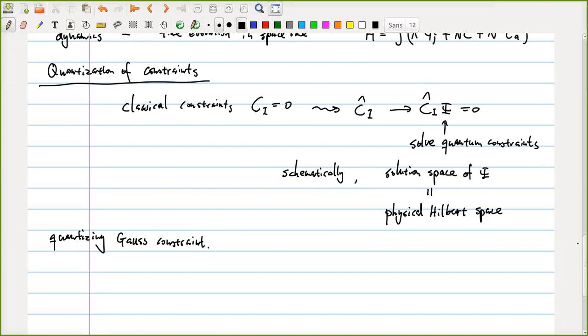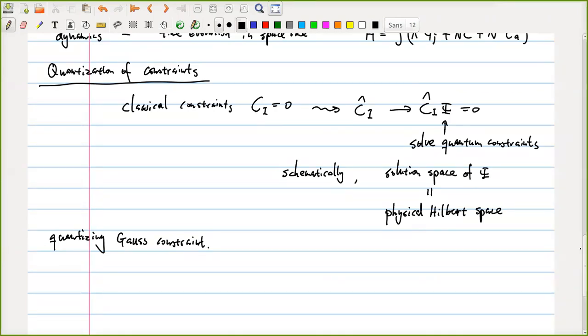Usually the classical expression is defined on a continuum, but we need to discretize it to adapt to the lattice. Once we discretize, we relate the classical expression to the lattice variables, and then we replace lattice variables with operators. That's what we mean by quantizing a classical expression to get operators.